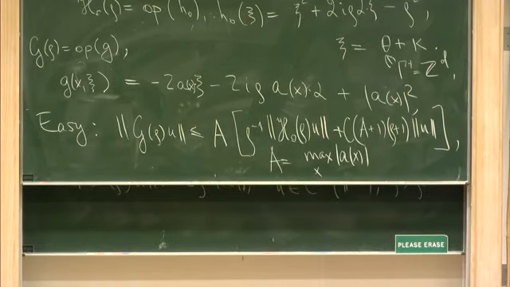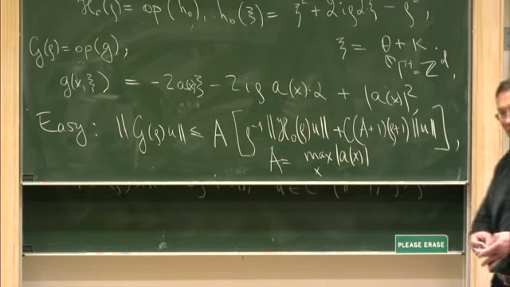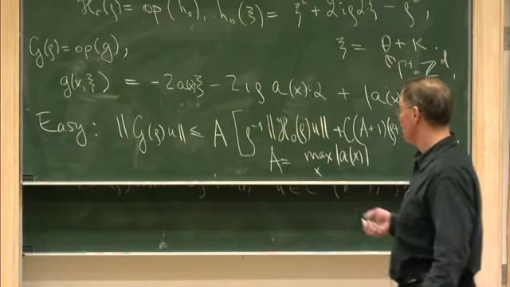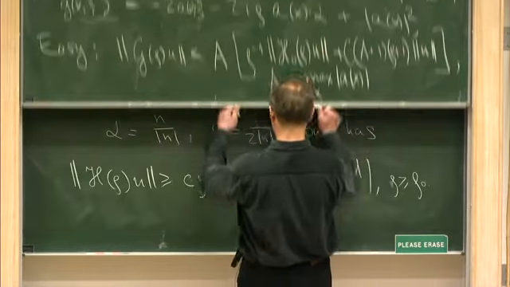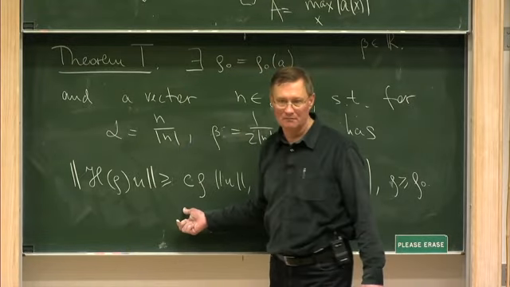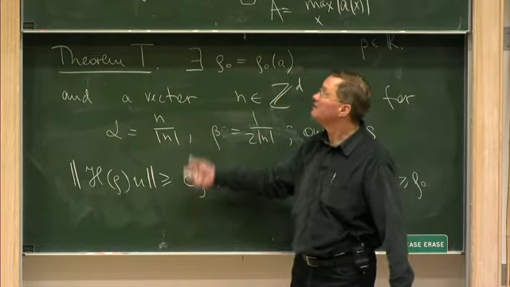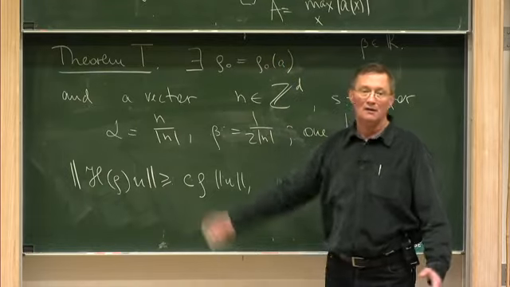If we take that it's so small that this coefficient is less than 1 over norm of n, we will still have the same bound with a different constant. But the bound will be the same for small a.